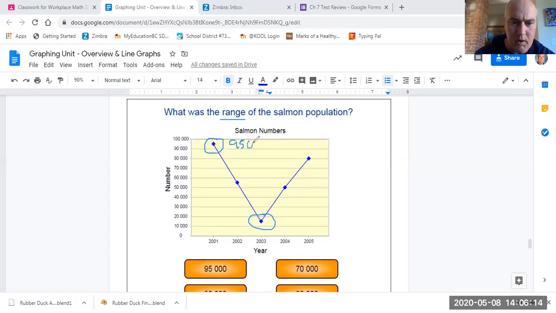Now, if I look at the lowest number here, it sort of falls between the 10,000 and 20,000, almost right in the middle, and halfway between 20 and 10,000 is 15,000. So if I take the difference between the highest number, which is 95,000, and the lowest population, which was 15,000, I just put that into my calculator.